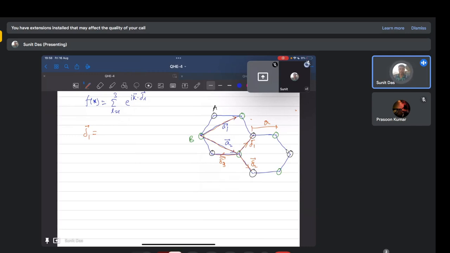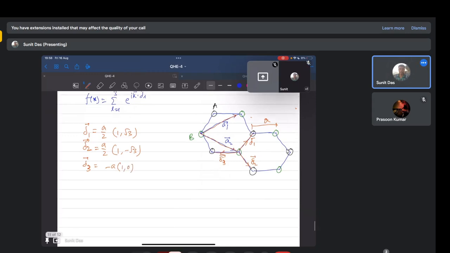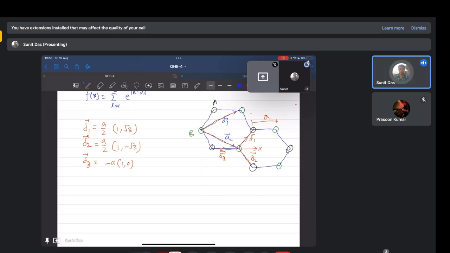Then you will find that delta 1 is a by 2 times (1, root 3), delta 2 is a by 2 times (1, minus root 3), and delta 3 is minus a times (1, 0), right? So this is the x direction and this is the y direction.